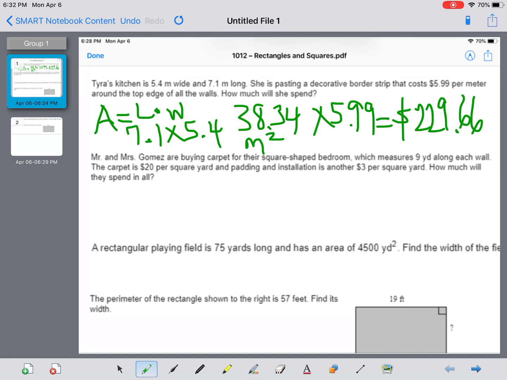Well, we know that the total cost is $20 plus $3 additional. Now we need to find the area of the square, and that is the given side squared, or just, in this case, 9 times 9.